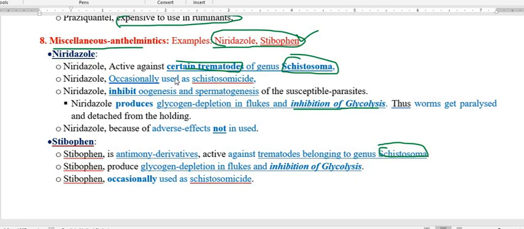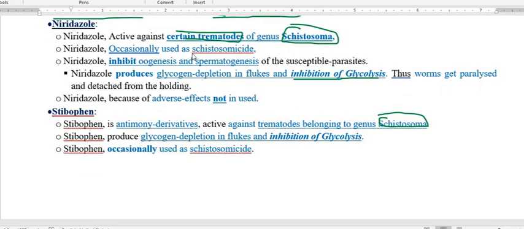Niridazole has certain activity against Schistosoma, which is a trematode. In susceptible parasites it inhibits glycolysis, so there is an energy deficit, and therefore the fluke will die, because it detaches from where it grips the muscle or tissues.